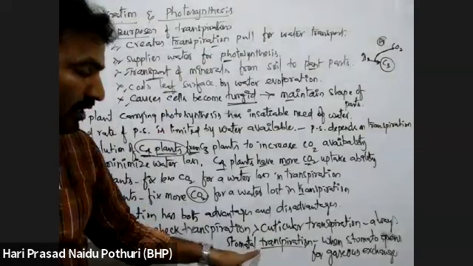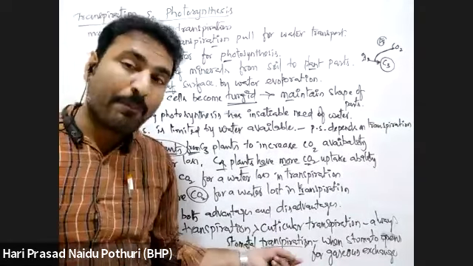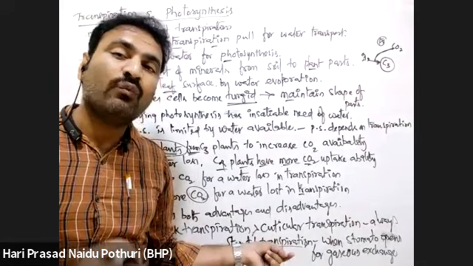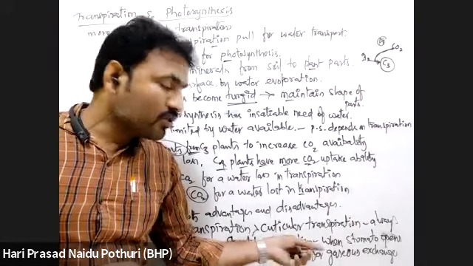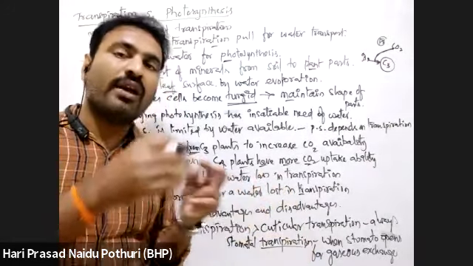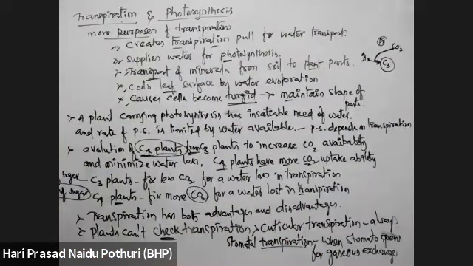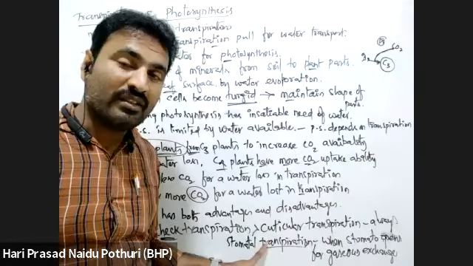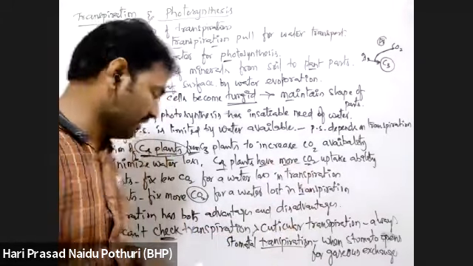But for stomatal transpiration, the plant cannot decide when water is to be transpired. Whenever stomata open for intake of CO2 and release of O2, there is a lot of water loss by transpiration. So if cutin is present, there is a lesser rate of transpiration.